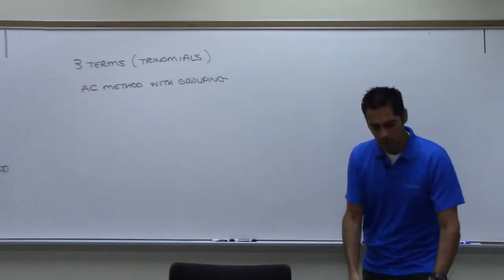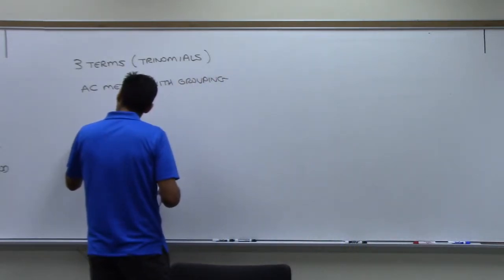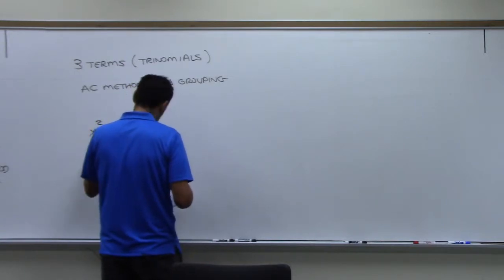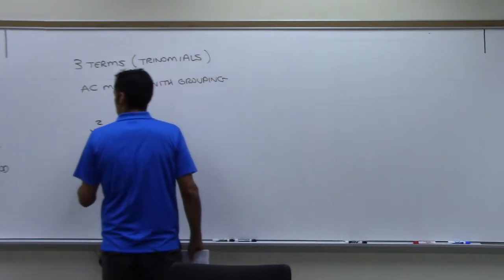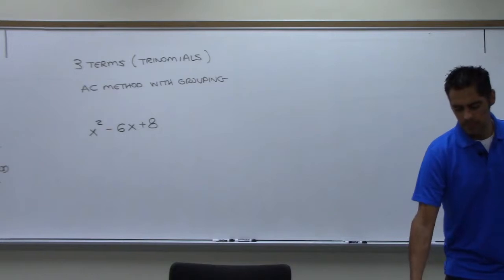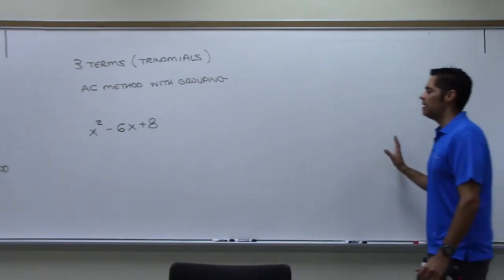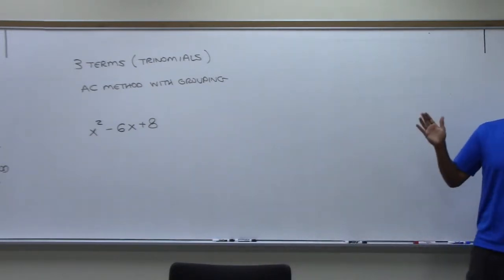So let's look at our first example. X squared minus 6x plus 8. The instructions here are to factor. I know somebody in here already knows what this is. Can anyone tell, just by looking?